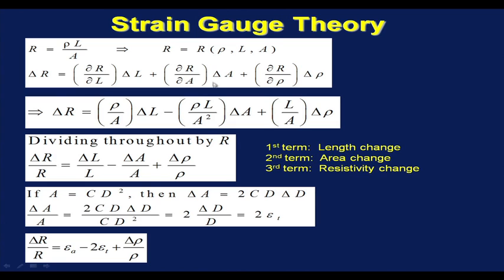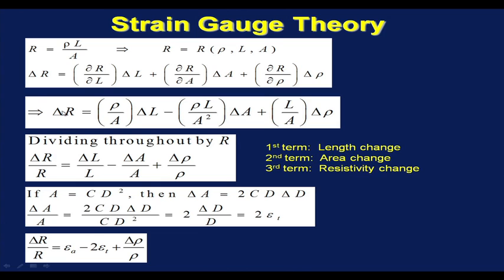Now, these partial derivatives can be found out from the equation R equals rho into L divided by A. So, if I find out these partial derivatives, we can write delta R as rho by A into delta L minus rho L by A square into delta A plus L by A into delta rho.